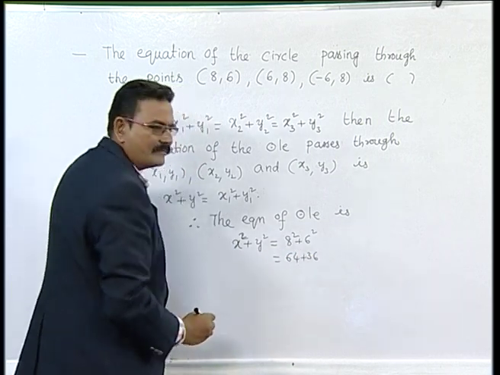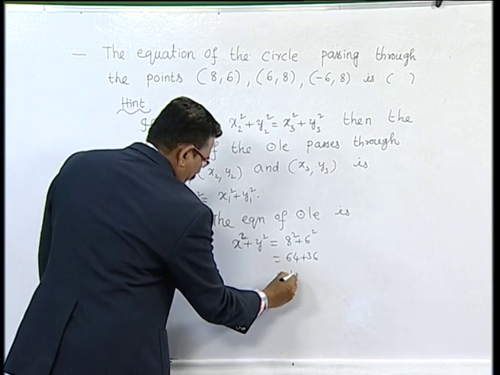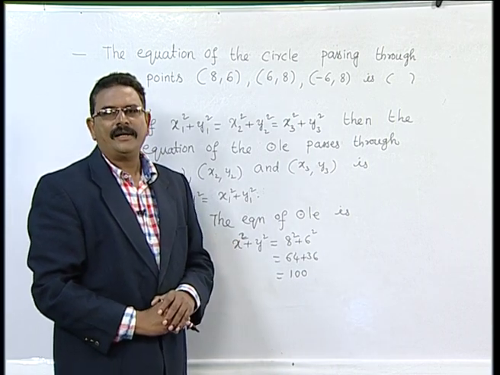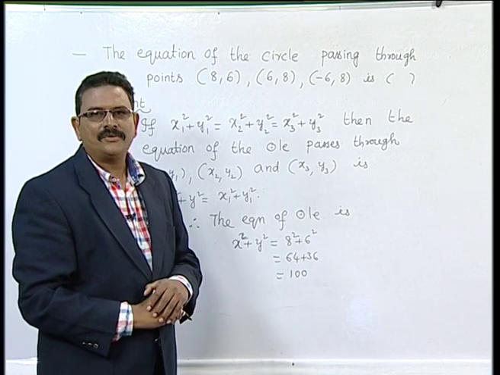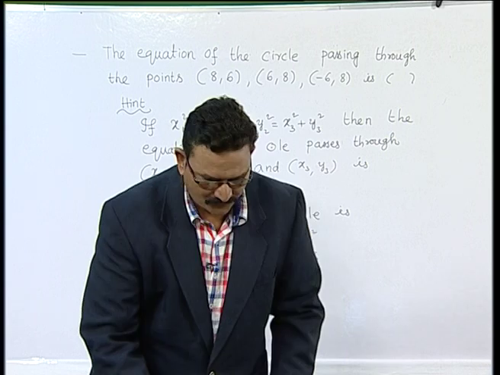Am I correct? So, that is 100. So, therefore, x square plus y square is equal to 100 is the answer. So, that will be one of the options that you have to choose. Okay, now, let us move to the next question.